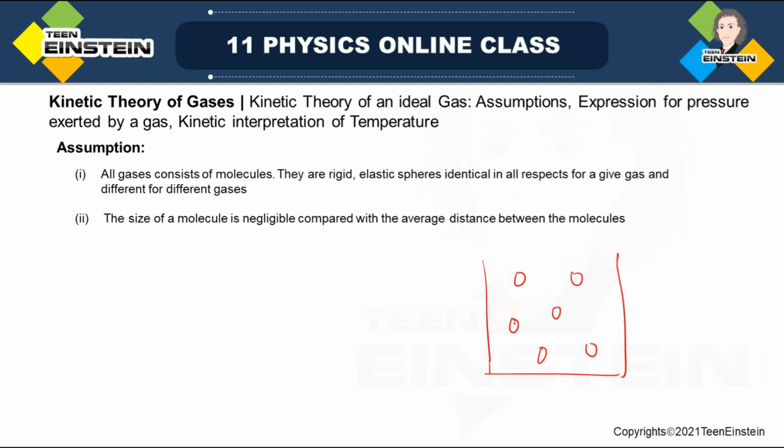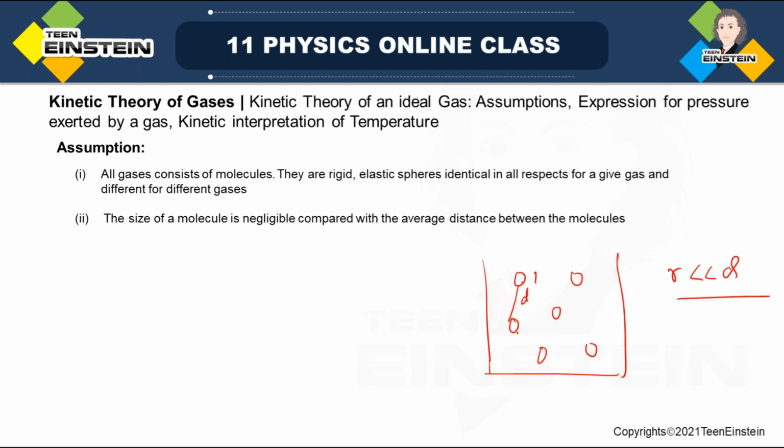When the gas molecules are far apart, they have negligible interactions. For ideal gas, there is no interaction. So this second assumption says that the size of the molecule is very small compared to the average distance between the molecules. Suppose this is the distance. So the radius of the molecules will be much lesser than the distance between two molecules.